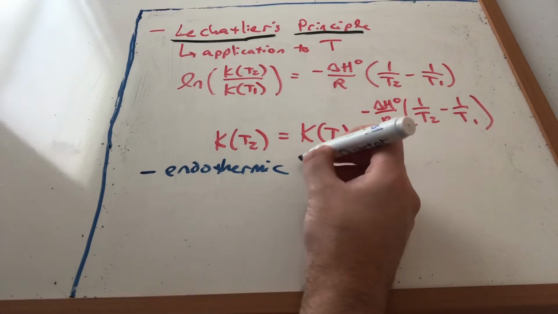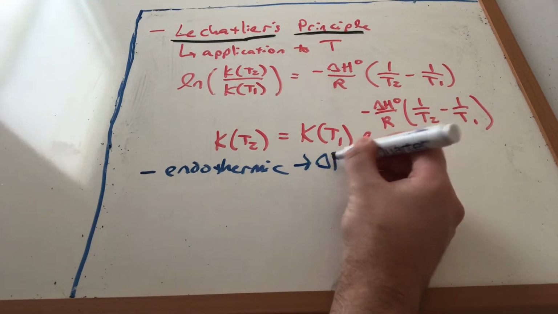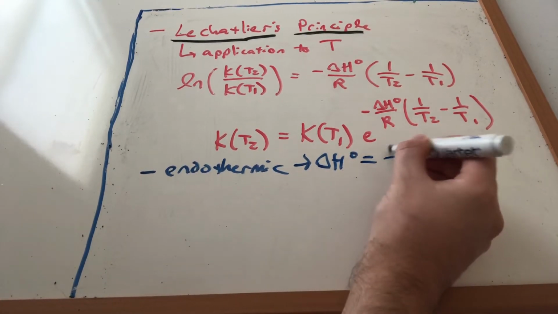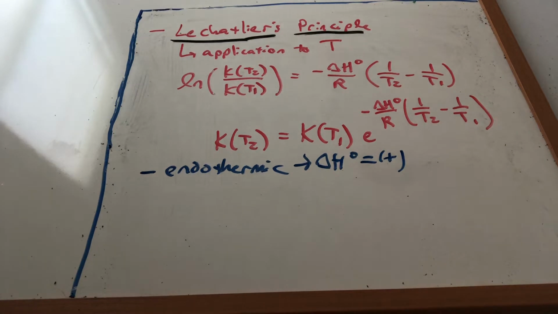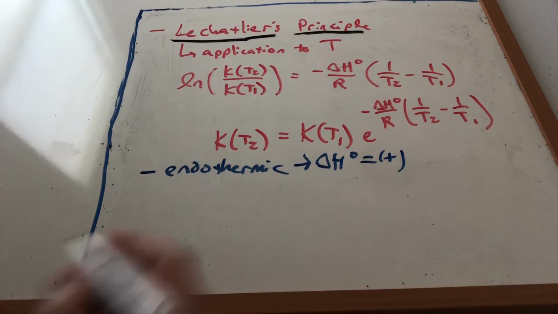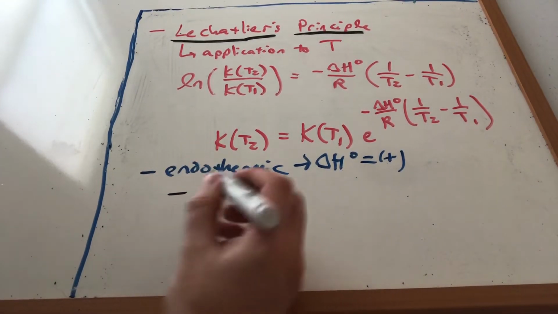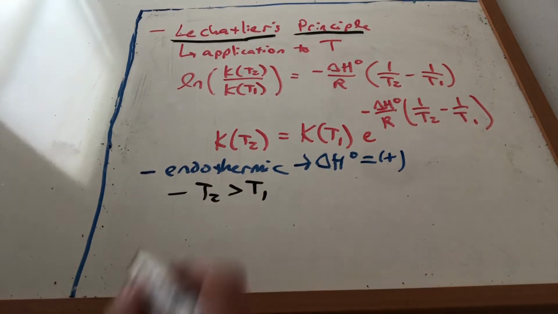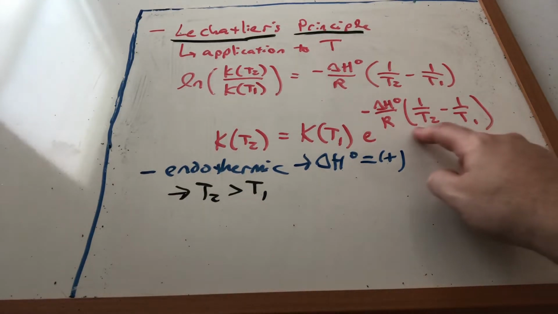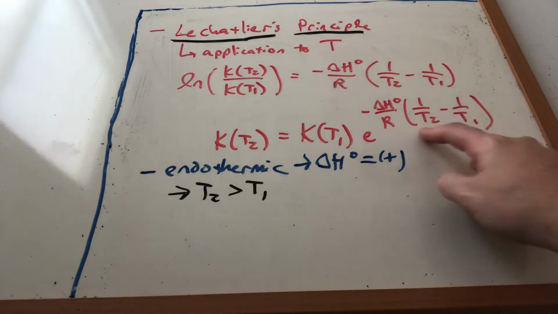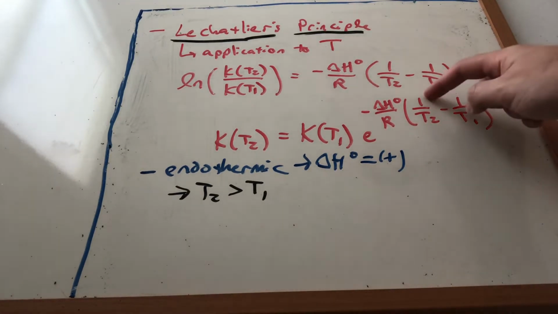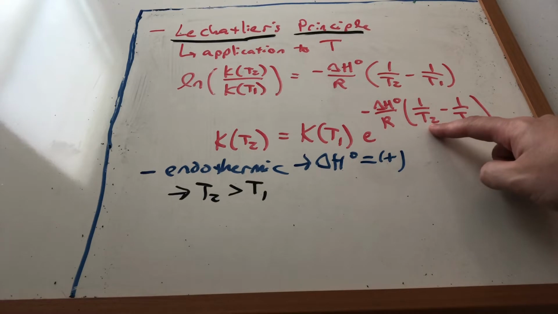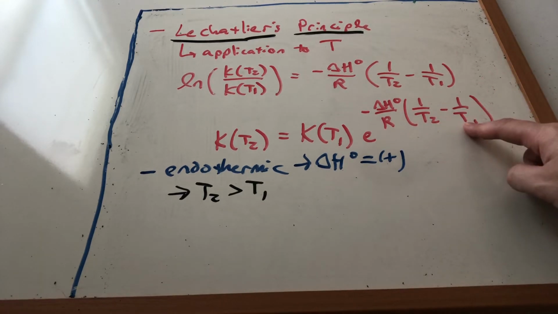Let's take an endothermic process. Then we know that delta H naught is positive. So then here are some things we can look at. Let's raise the temperature. So if we raise the temperature and T2 is greater than T1, if I come and look here, what I have is this subtraction, where 1 over T2 is smaller than 1 over T1.